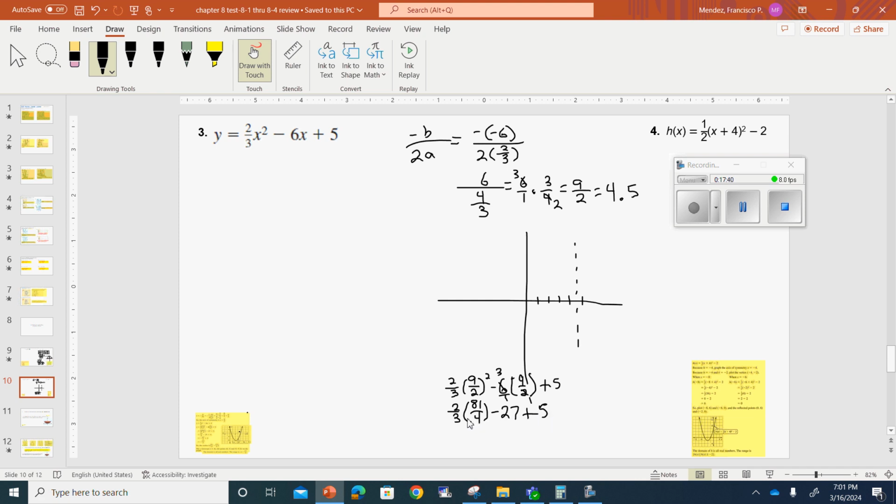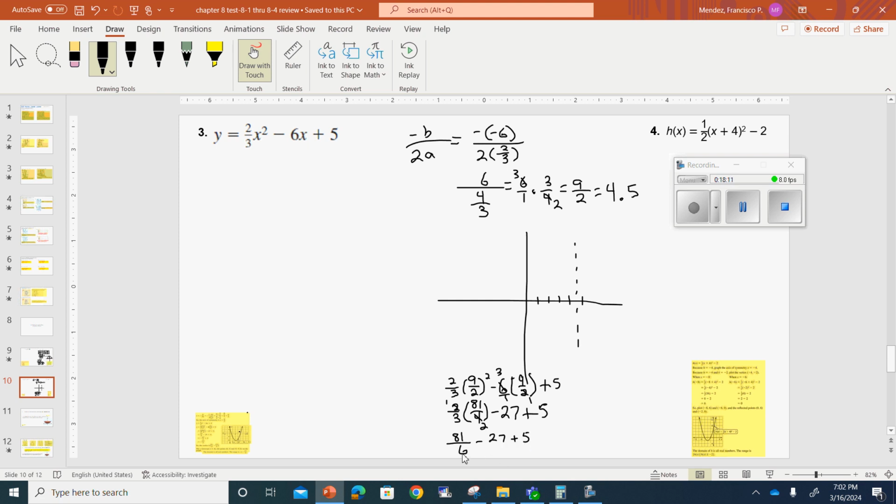Now we're multiplying these across, but I can reduce again, right? 2 divided by 2 will be 1, and 4 divided by 2 will be 2. Now I have 81 over 6, and I'm going to subtract 27 and then add 5 to that.